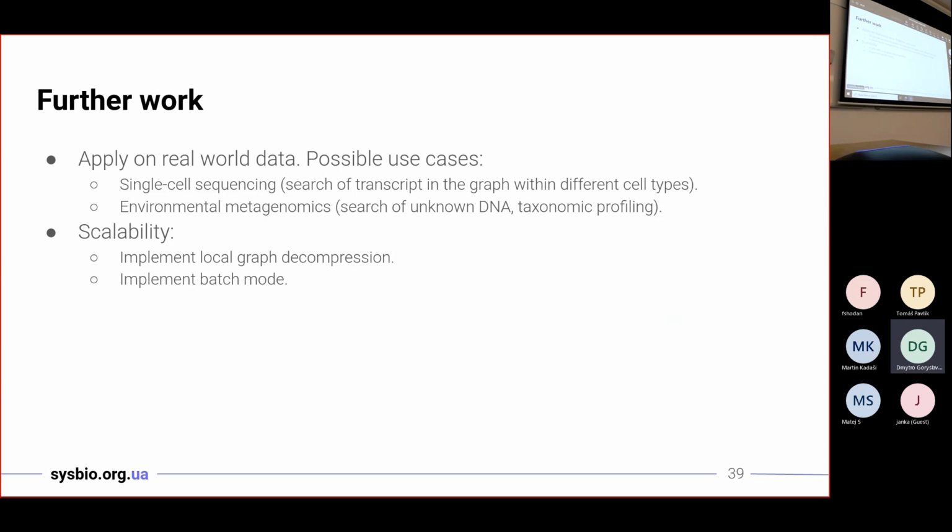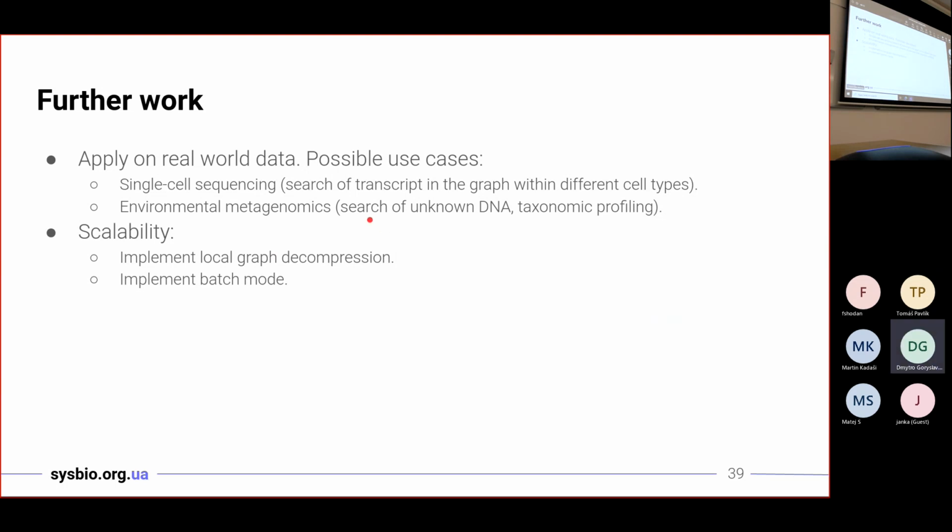That's an international consortium to which my mentor Alina belongs, and they collected a large amount of samples, and the problem there is that lots of DNA is actually unknown. So this feature of the metagraph can possibly give some interesting results by querying those sequences.